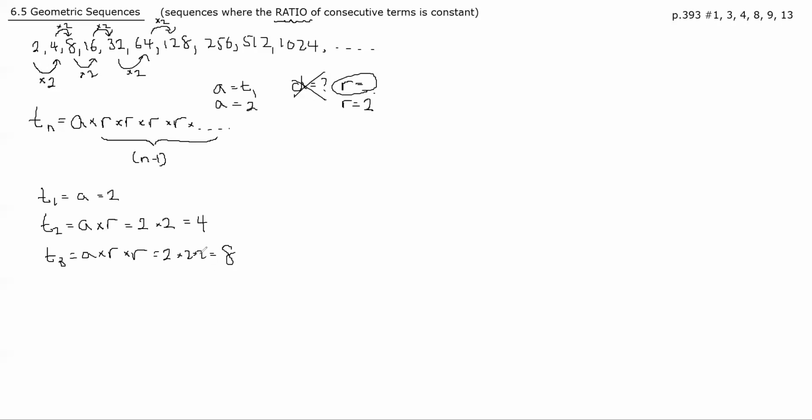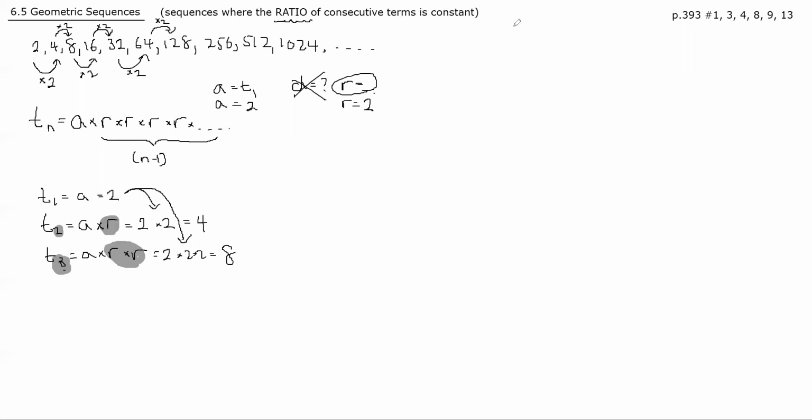That is an 8. So from term 1 to term 2, I multiplied by R once. From term 1 to term 3, I multiplied by R twice. Do you see a connection or a relationship between the term number and how many times we multiply the R value?